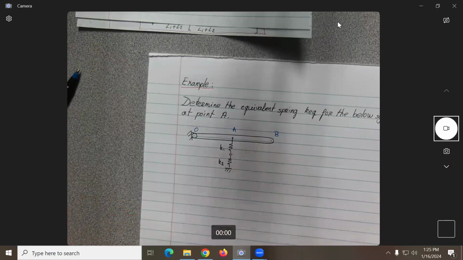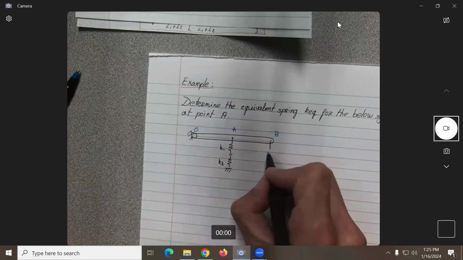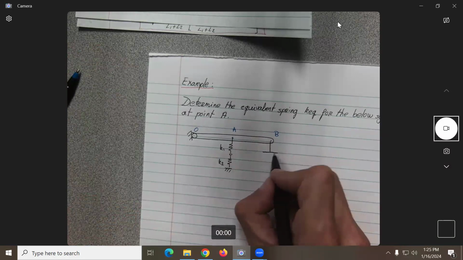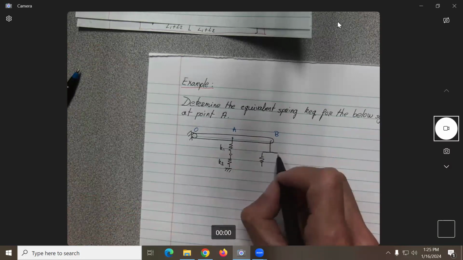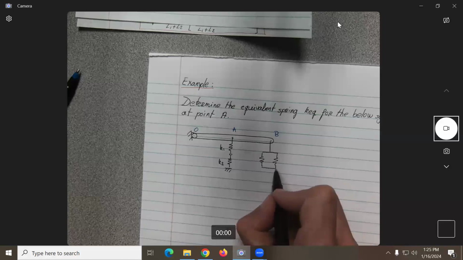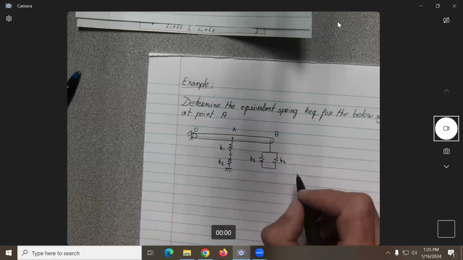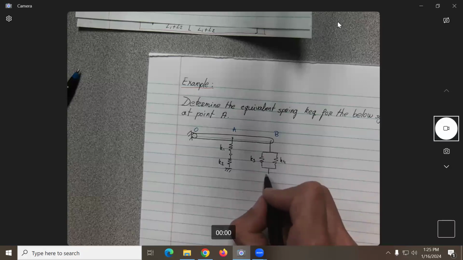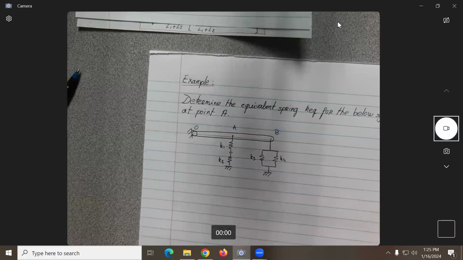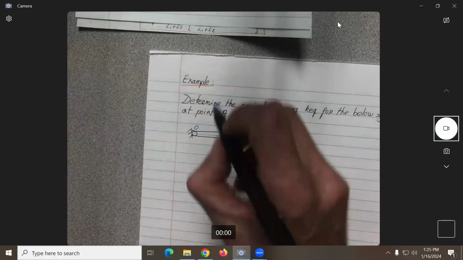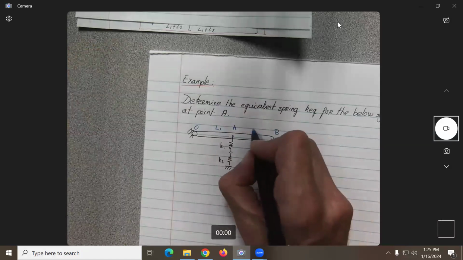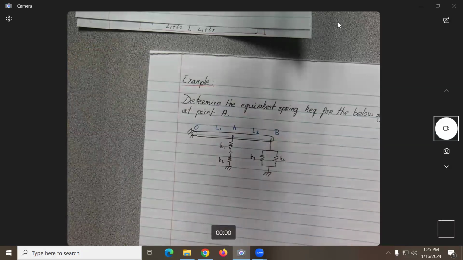This will be K2. And then here, let's say we have K3 and K4. Okay, we know this is L1. We know this is L2.